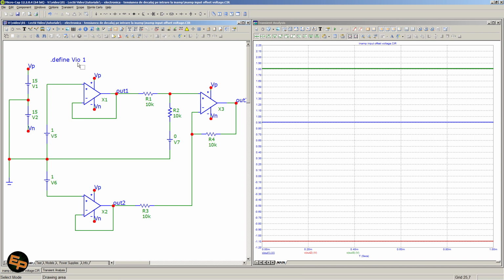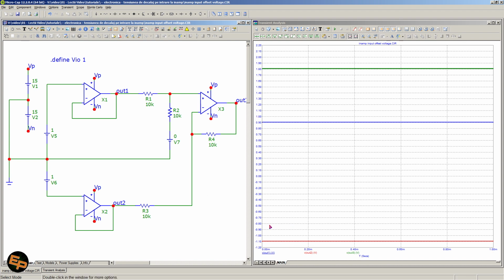So 1 minus 0.1. On the negative side, instead of giving us minus 1 volt, it gives us minus 1.1 volts. Again, minus 1 minus 0.1 equals minus 1.1.